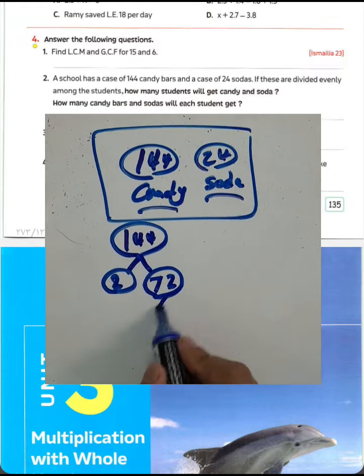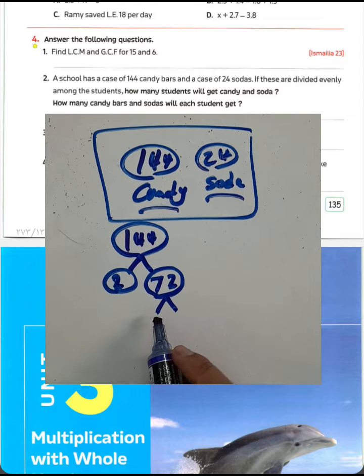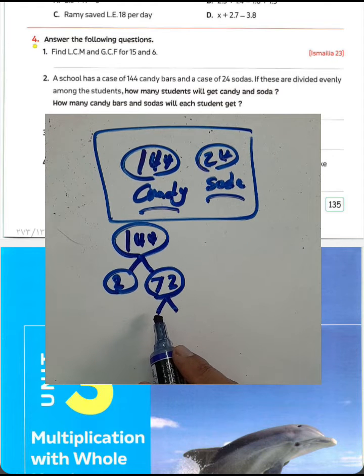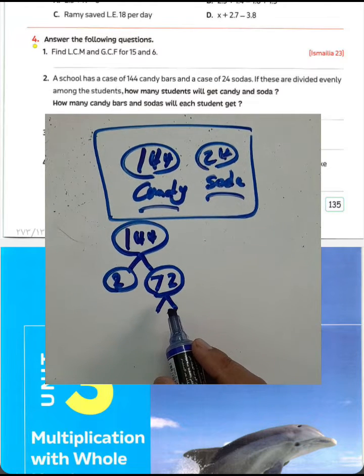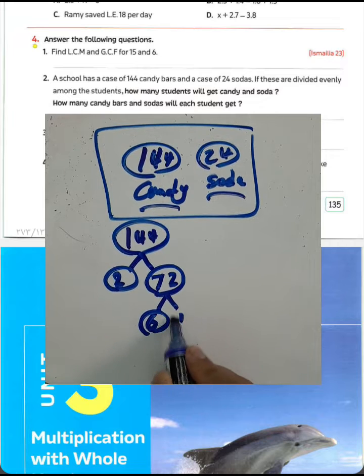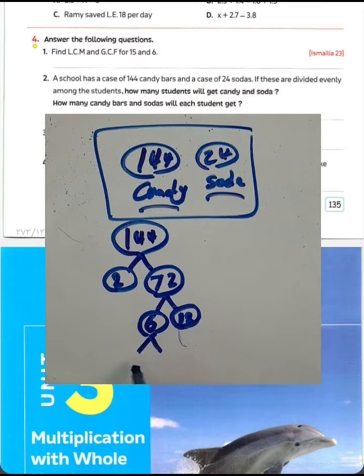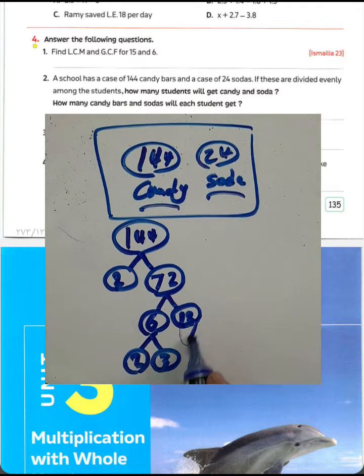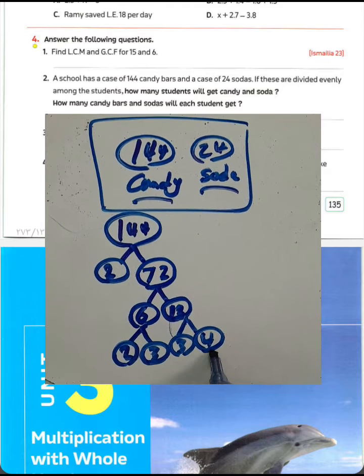So 72 we can factorize it. We know 72 equals 6 times 12. Then 6 equals 2 times 3, and 12 equals 3 times 4, and again 4 equals 2 times 2.